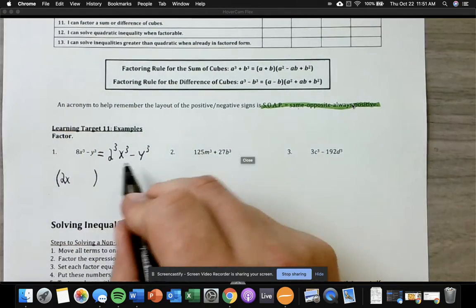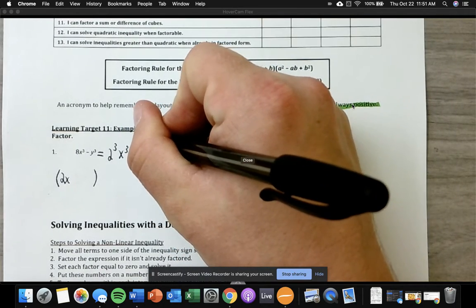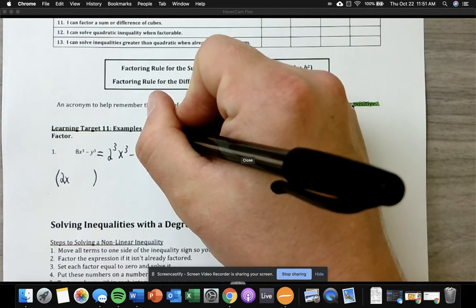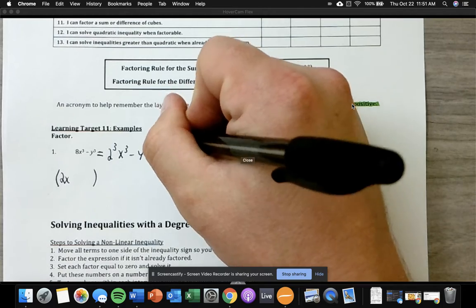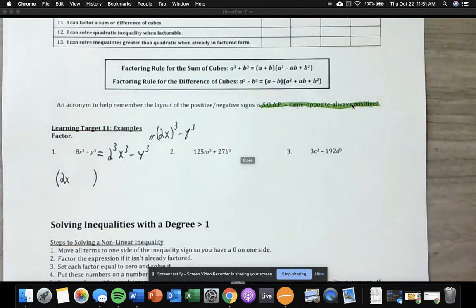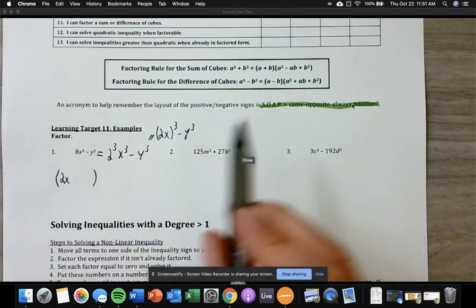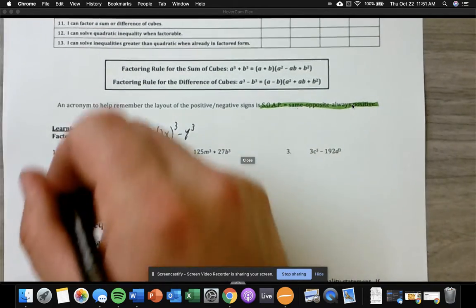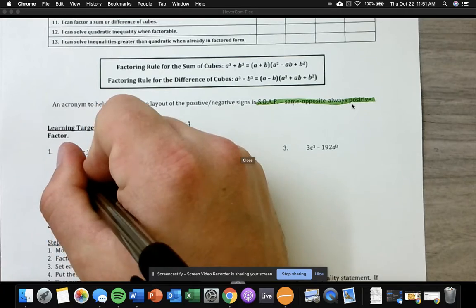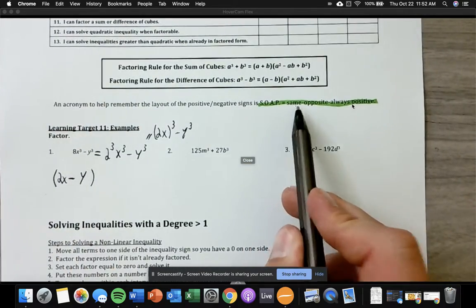Another way we can write this to make it even easier to see, and I'll write it up here, is we can say this is 2x cubed minus y cubed. So this is going to be 2x, and the b in this case is y, so it's going to be 2x minus y, because we're following our SOAP: same.